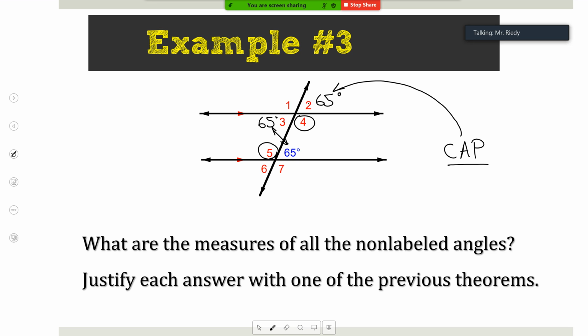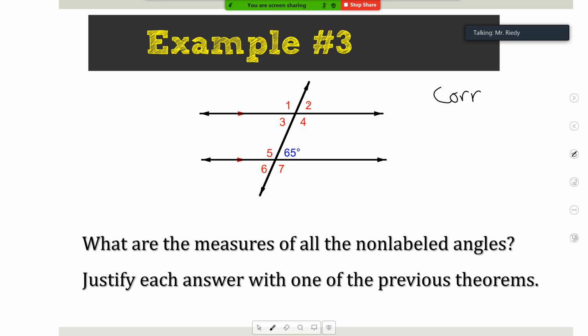All right, let's go back to this. We talked about corresponding already. Corresponding, check. We talked about alternate interior, check. So this was congruent. This is congruent. Let's do alternate exterior angles.